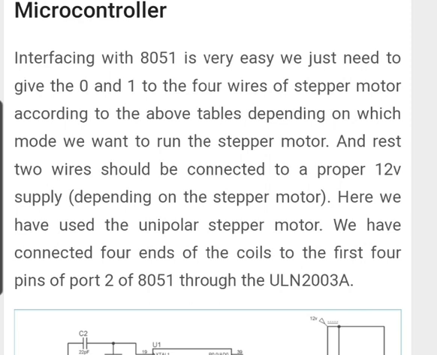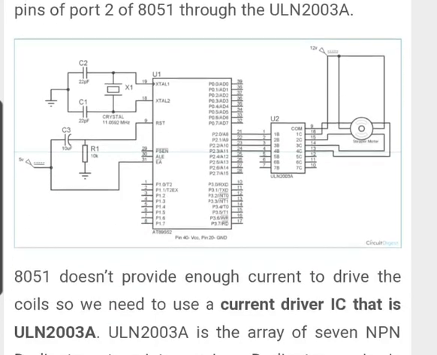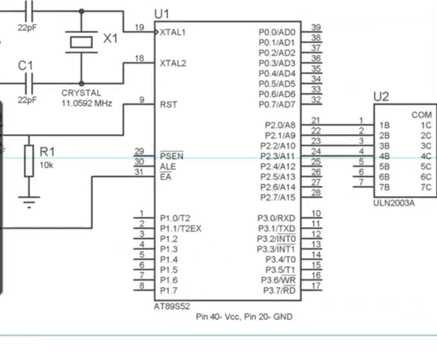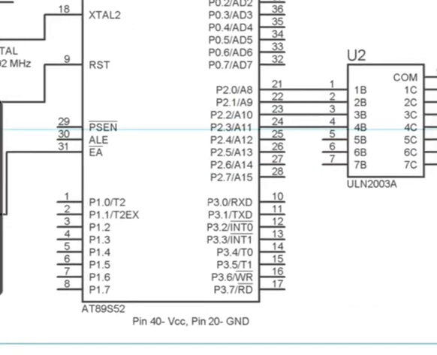So here we have the unipolar stepper motor, and we have connected 4 ends of the coil to the first 4 pins of port 2 of 8051. This diagram shows the interfacing. Here we have connected the 4 ends of the coil to the first 4 pins of port 2 of 8051 through the ULN2003A.